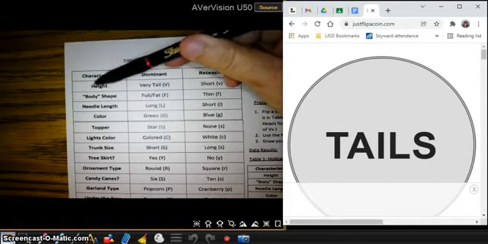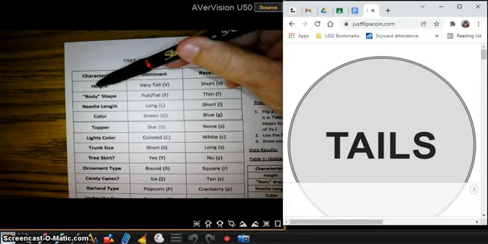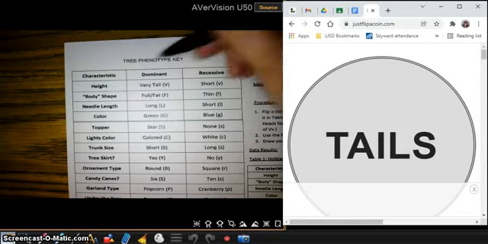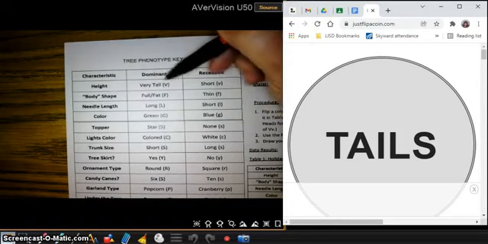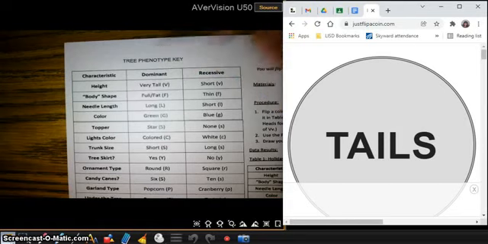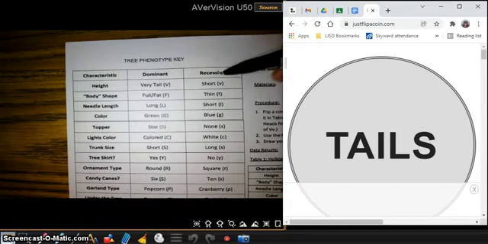So the characteristic is height, okay? So they could have used a capital H for dominant and a little h for recessive, or they can sometimes use the dominant trait. So height for the tree is very tall if it's the dominant trait. So they used a capital V for very. Now the recessive trait is short, and so it should be a lowercase letter, and it is. It's a lowercase v.